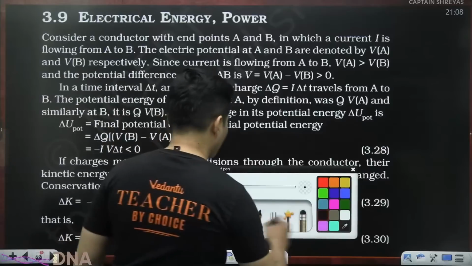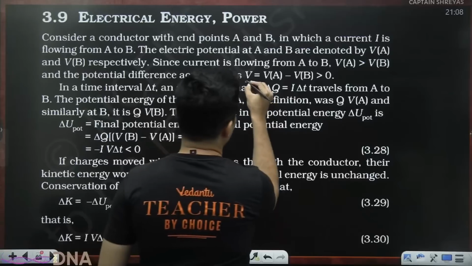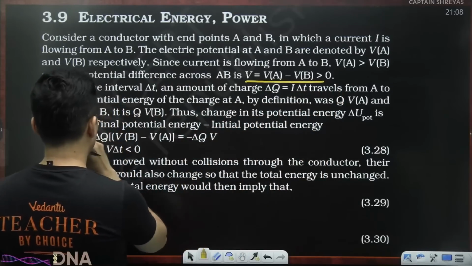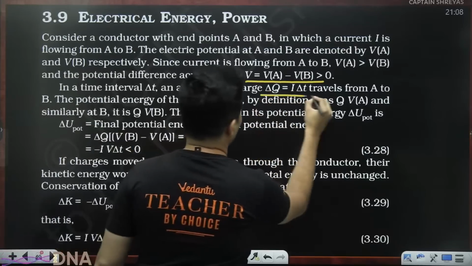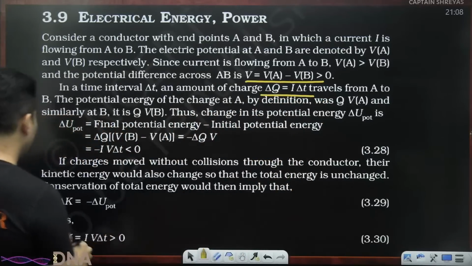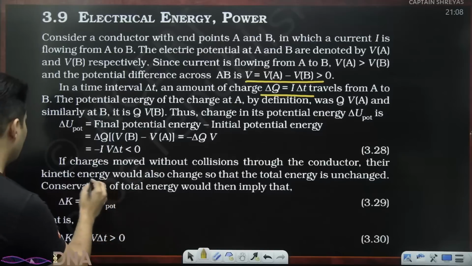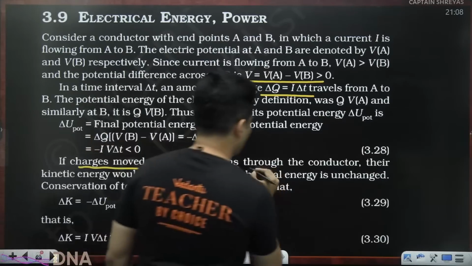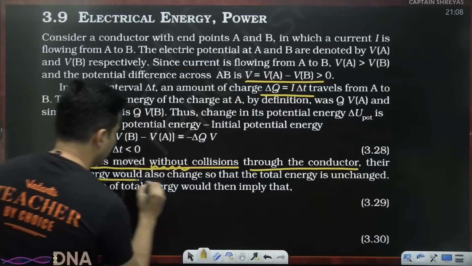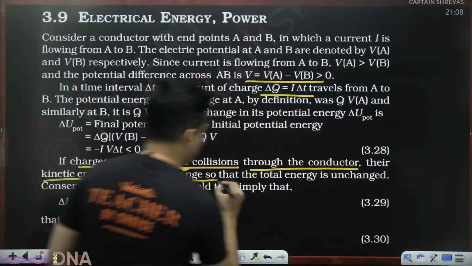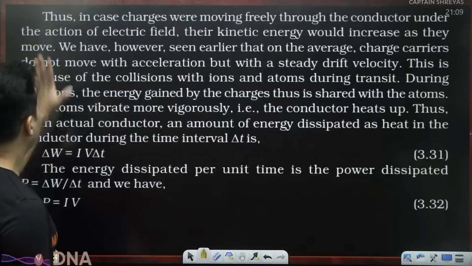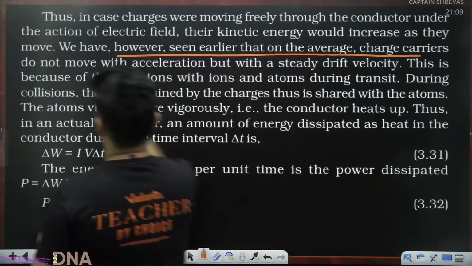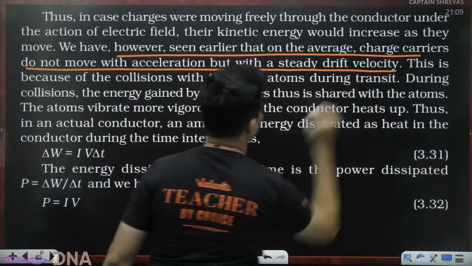Okay, 1 second. Let's underline important things. This is the voltage difference. The charge flown is basically I delta t. If the charge moved through the conductor without collisions, their kinetic energy would also change so that their total energy is unchanged. But this is very important: however, as seen earlier, charge carriers do not move with acceleration but with a steady drift velocity.